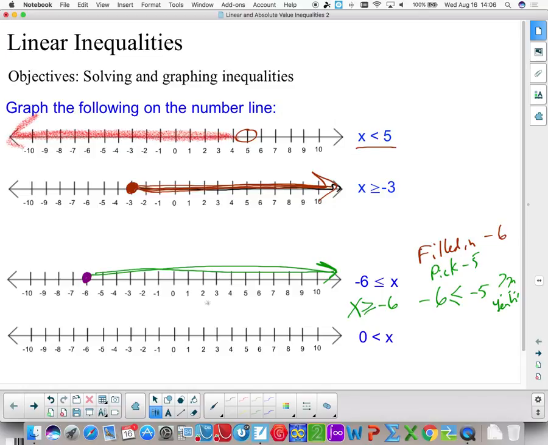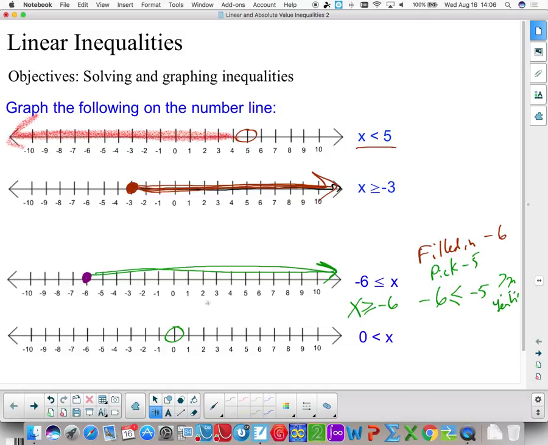And then it's like these ones up here. But they might not all have the variable on the left. Like yesterday, we had some where the variable is on the right side. It's almost more work to flip it. So what I'll do is just pick a number. Here at 0, I'm going to put an open circle. Then I want to pick a number on either side of 0. Tristan picked negative 5. I generally stay away from negative numbers.